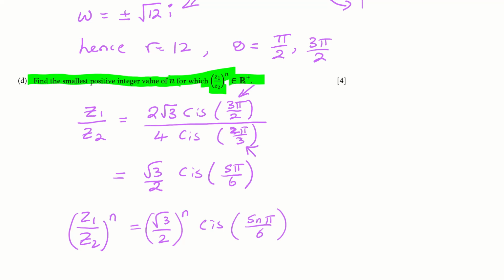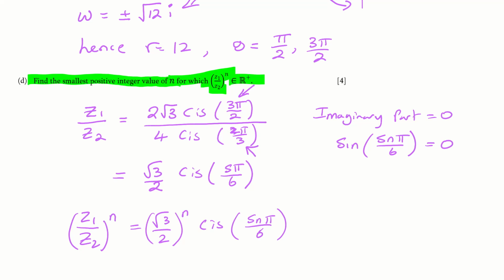Now we need the imaginary part to be equal to 0. That means that sine of 5n pi by 6 would be equal to 0.